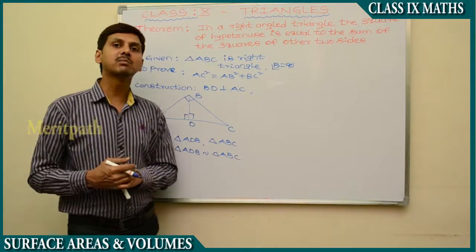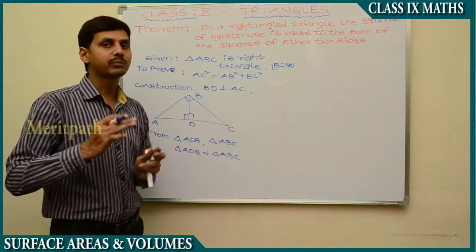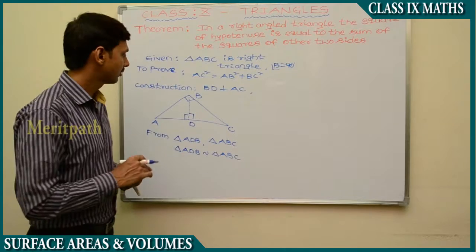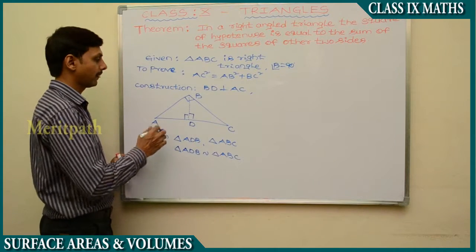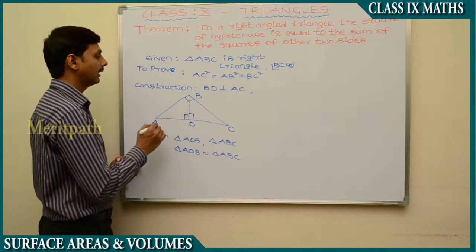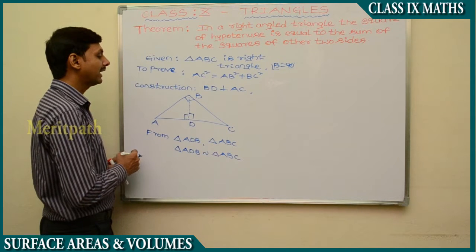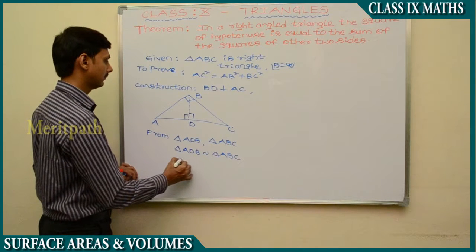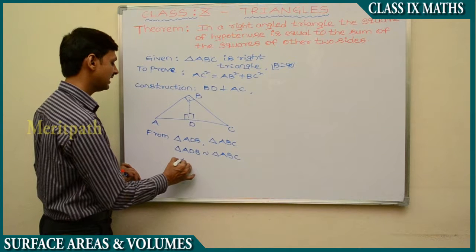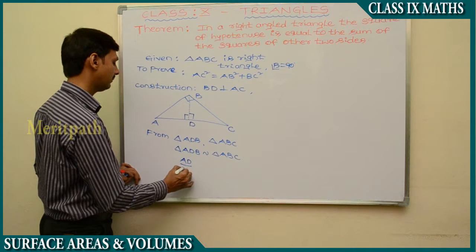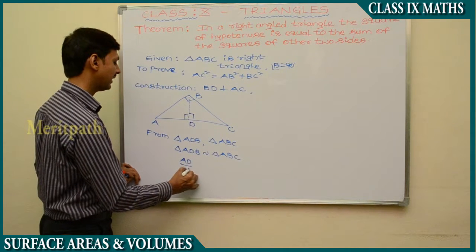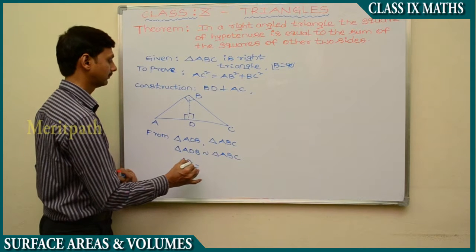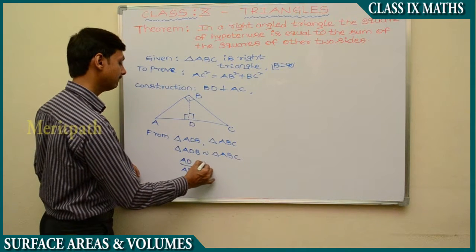If the two triangles are similar, then the corresponding sides are in the same ratio. So let's take the corresponding sides from triangle ABD and triangle ABC. AD by AB is equal to AB by AC.